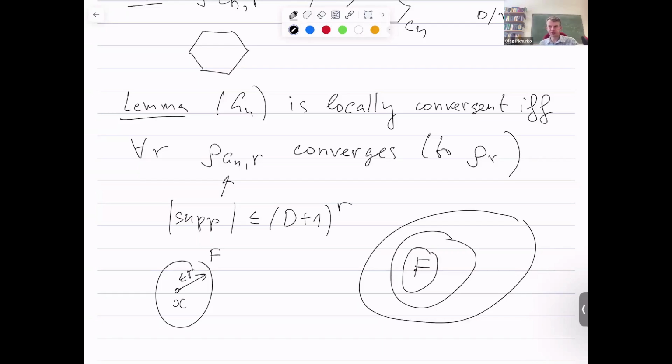And if I know the statistics of R balls, I can see how many copies of F I have. It requires a bit of counting, but this direction is easy, and the converse is also true. Inside bounded degree graphs, if you know these T star densities, then you can also recover the distributions on balls, again by inclusion exclusion, if you do it carefully. So there are two equivalent ways to define this convergence.